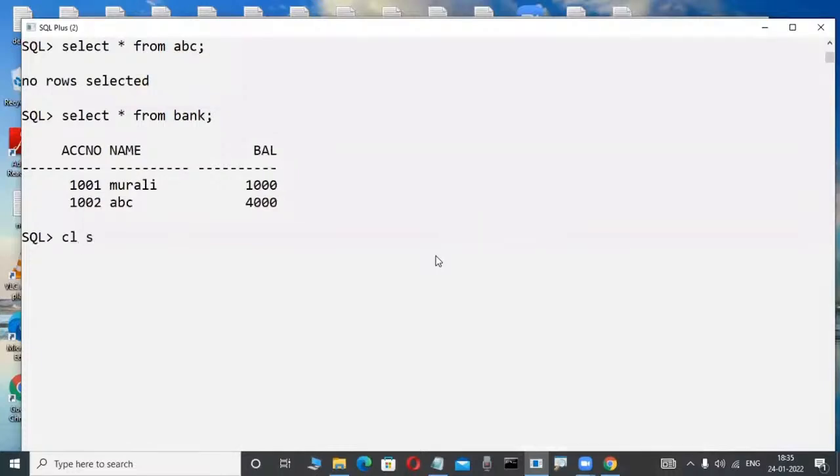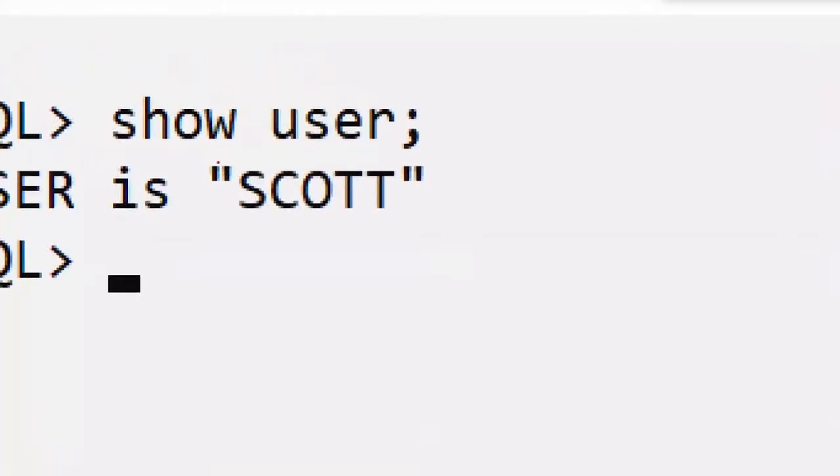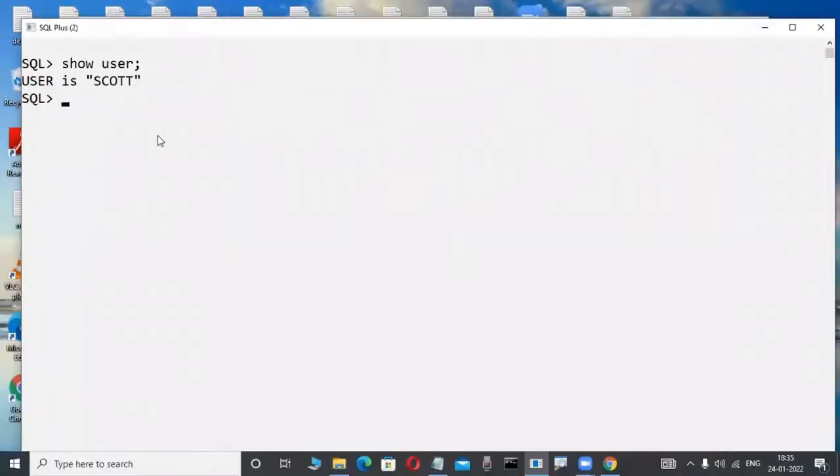Suppose one employee is there, for example. This employee's name is Scott. Oracle Corporation gives this user. Don't worry, you will become familiar with these users in the future. Scott is an employee in a company, for example. This employee has a table, the EMP table.